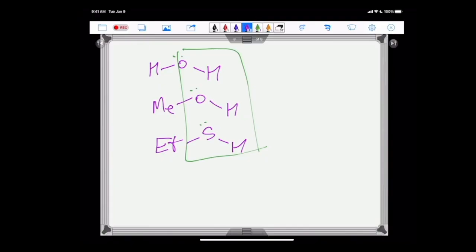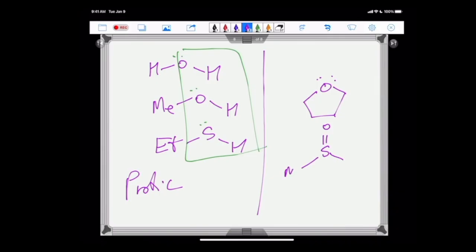Aprotic solvents. So these are my protic. Aprotic solvents would look like stuff like this. Molecules that look like this have polar charges.